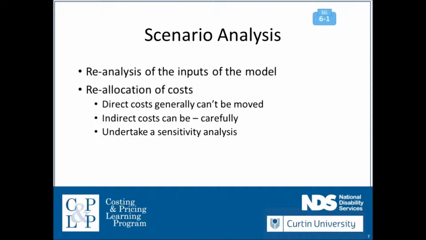So therefore, this is a really important aspect to appreciate, that when you're looking at scenario analysis and looking at how you might adjust costs, or how you might adjust numbers or quantum of services, or the quality of services, in one sense it's a movement of deck chairs to try and get the balance.